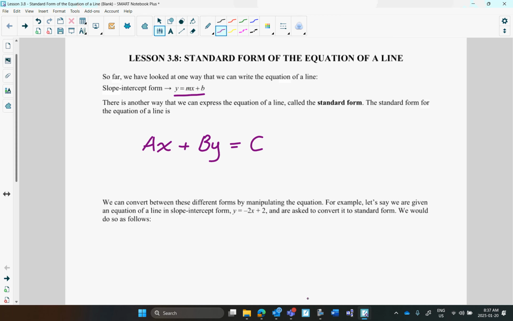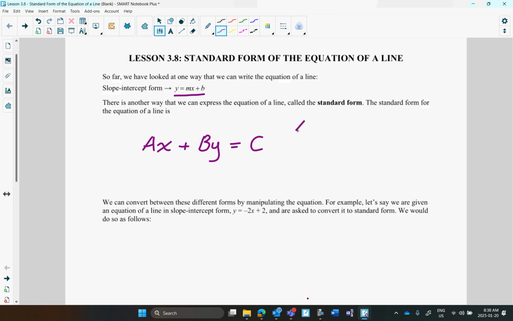Well, in slope-intercept form, we put the y by itself on the left. Then we put the slope in front of the x on the right, and then we put the number at the end on the right. All we're doing is rearranging the order. So the x term is going to go first, and the y term, they're going to be on the left together. The number is going to be by itself on the right.